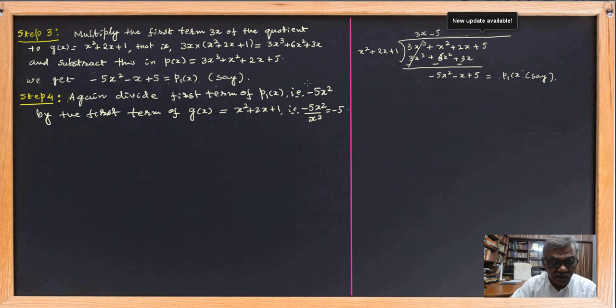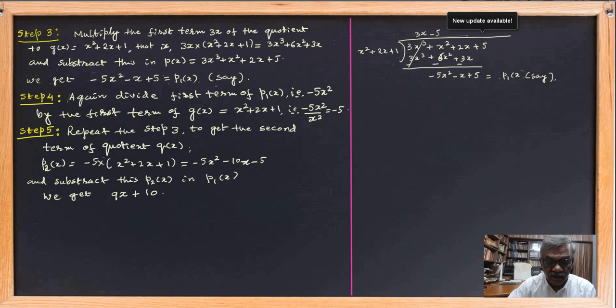Again I subtract, repeating the same procedure as in step 3. Multiply this by minus 5: minus 5x square minus 10x minus 5. Subtract these two, this is plus, this is plus, this is plus, giving 9x plus 10.